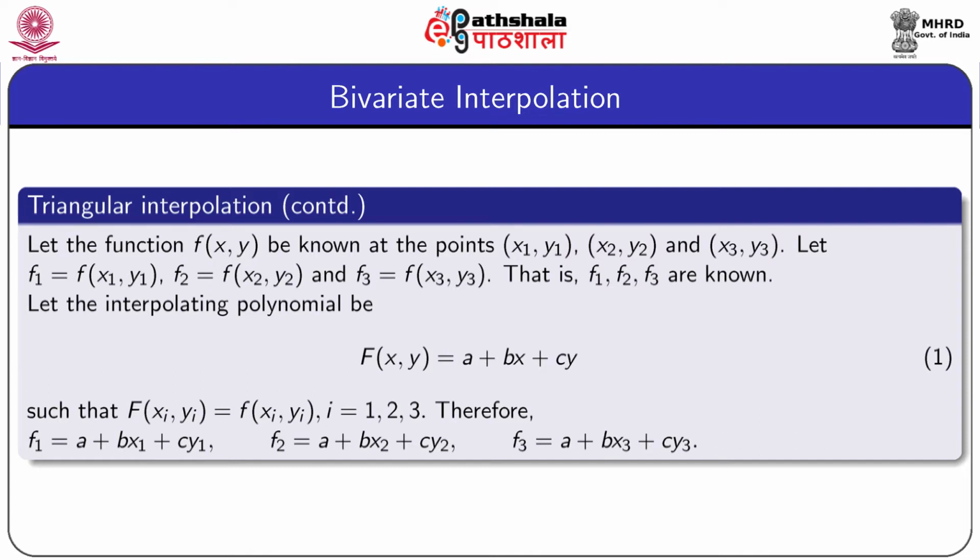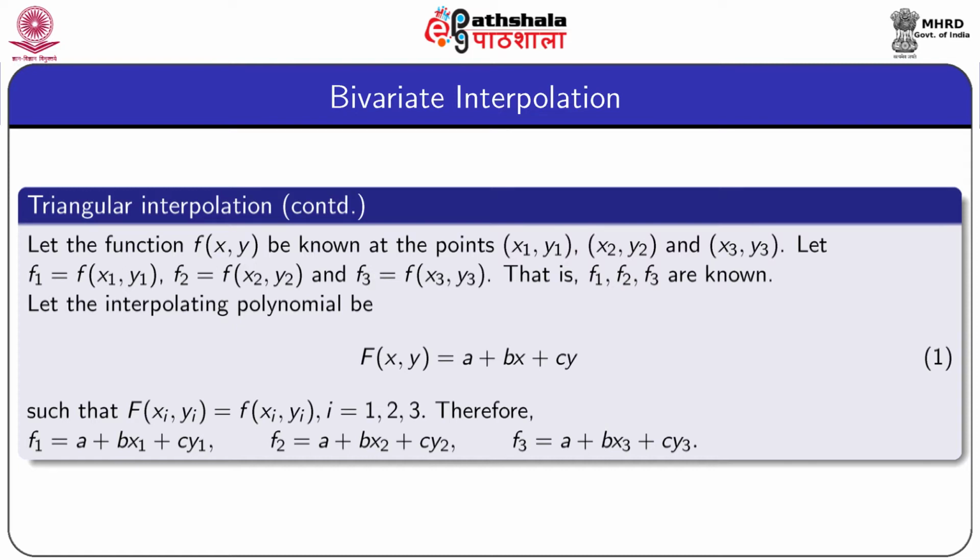These are the given values. That means the values of f1, f2 and f3 are known. Let the interpolating polynomial be capital F of x y equal to a plus b x plus c y, such that capital F of xi yi equals small f of xi yi for all i equal to 1 to 3. That means the functional value is exactly matched with the interpolating value.